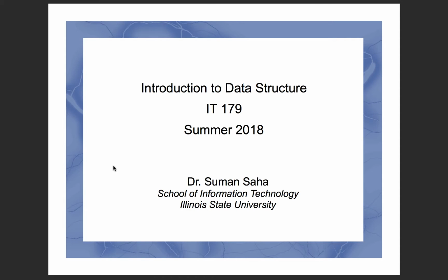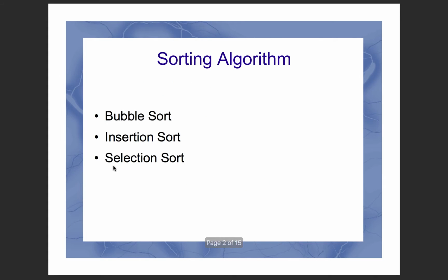If you don't have proper sorting and searching processes, you might need a lot of time to do any operations. We have already seen some searching algorithms, linear search and binary search.